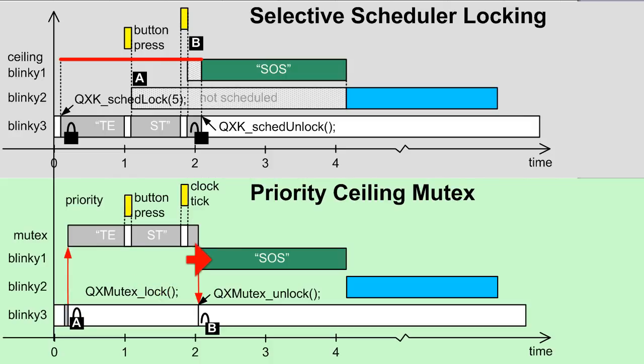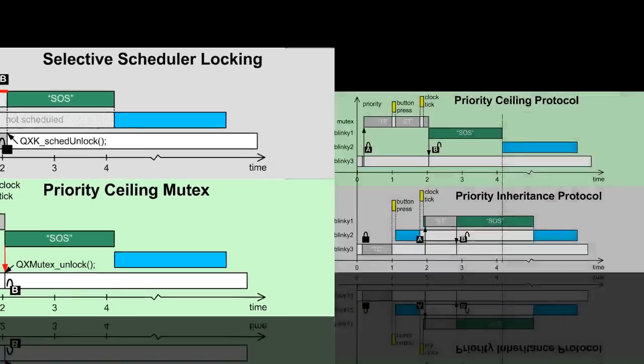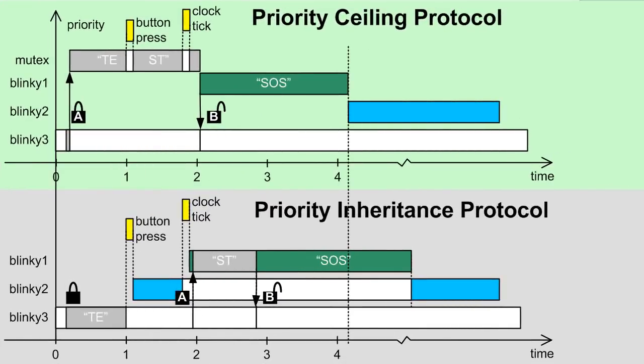At the end of the day, however, just looking at the thread execution, because there is no blocking in the protected code, the timing diagrams for scheduler locking and priority ceiling mutex are identical. The QXK priority ceiling mutex that you just saw in action implements the so-called priority ceiling protocol. But this is not the only way of preventing unbounded priority inversion.